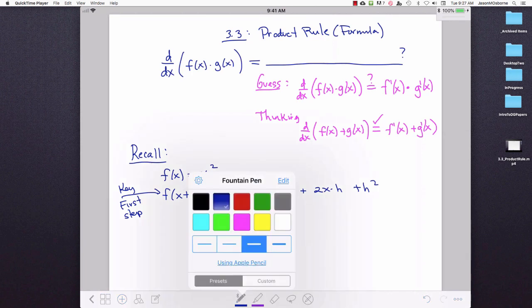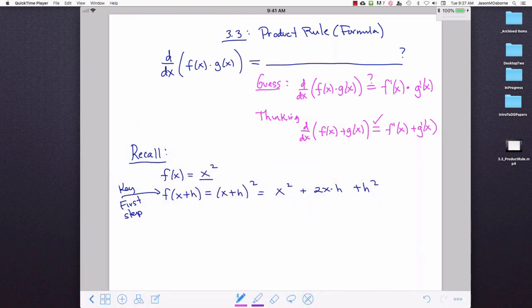And now, quick observation, notice that when you did f of x plus h, you got the function f of x back again, plus, and from the power rule, we recognize the 2x there as f prime of x multiplied by h.